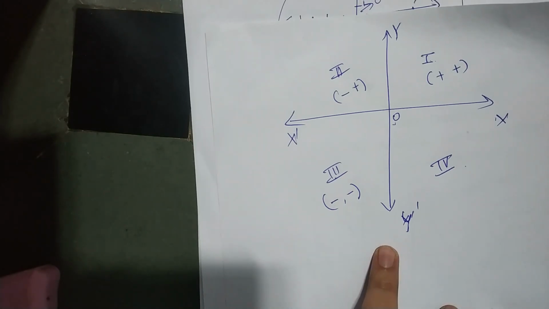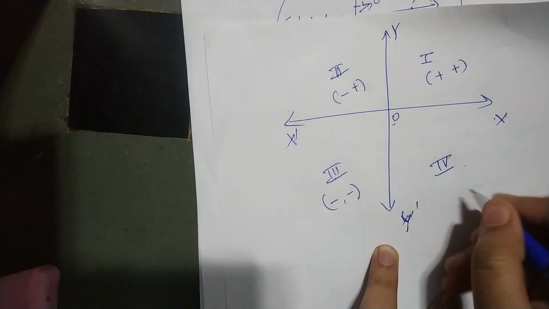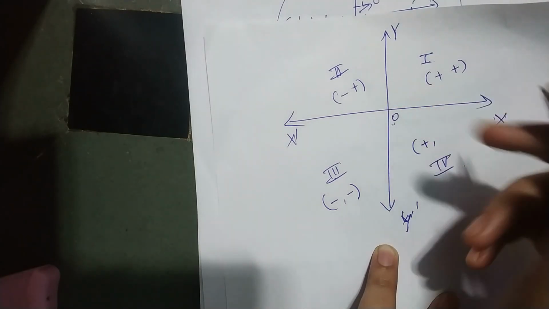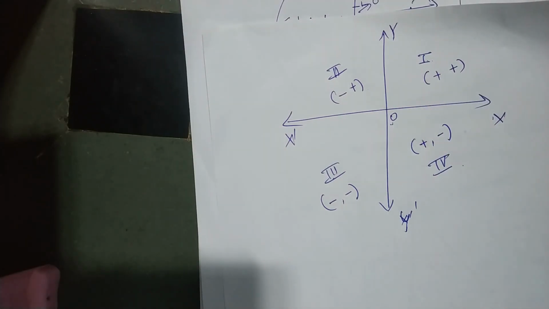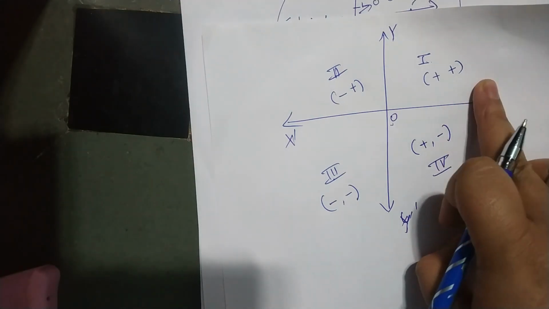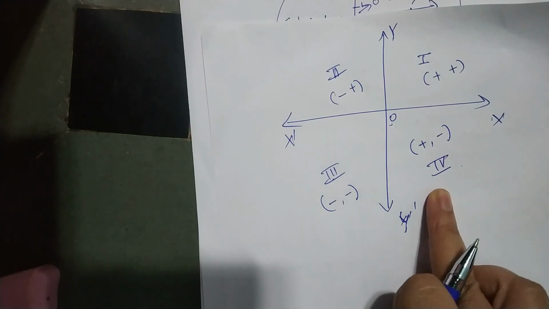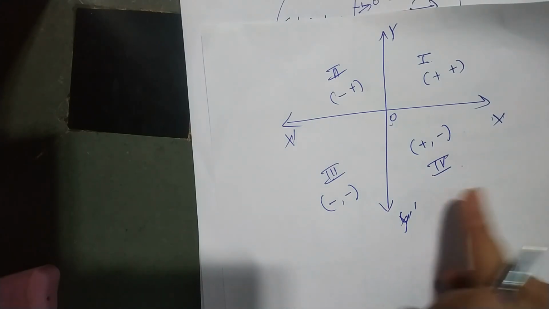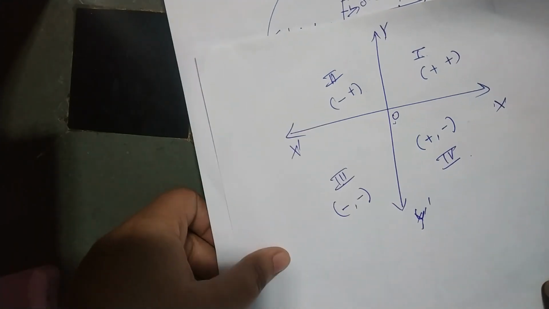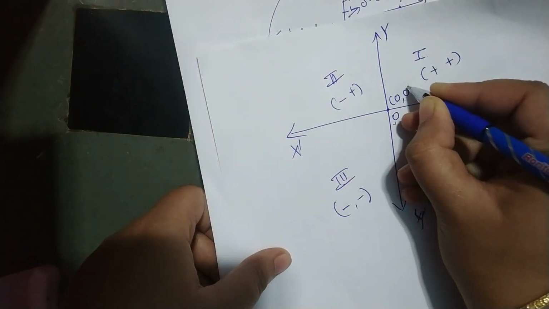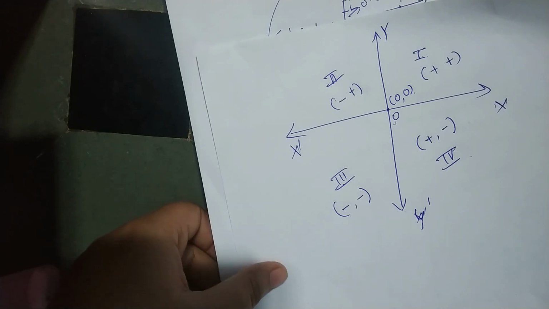For the fourth quadrant, the values of the x-axis are positive and the values of the y-axis are negative. So the signs are: first quadrant plus plus, second quadrant minus plus, third quadrant minus minus, fourth quadrant plus minus. So what are the coordinates of the origin? The coordinates of the origin are written as (0, 0).